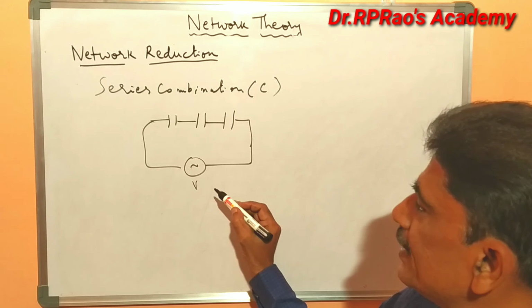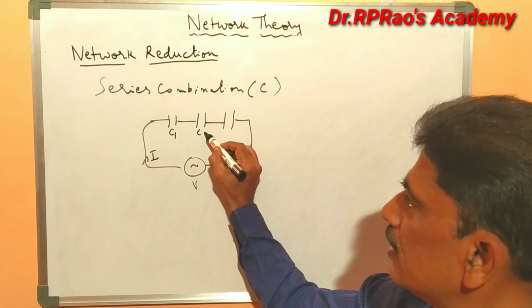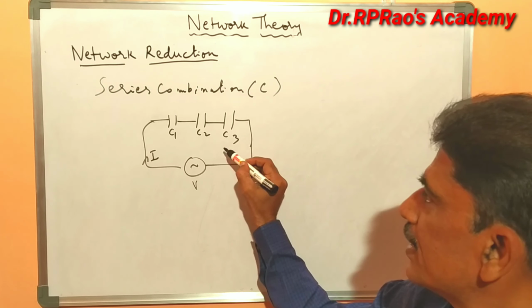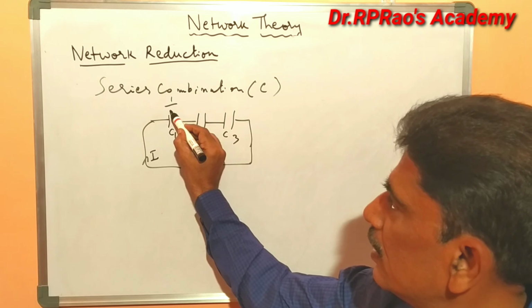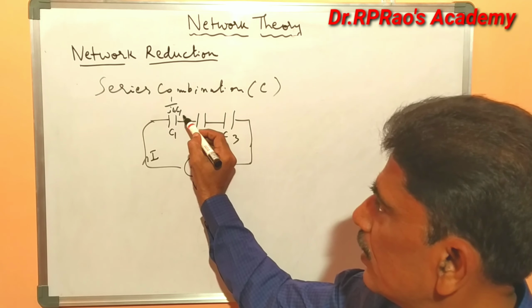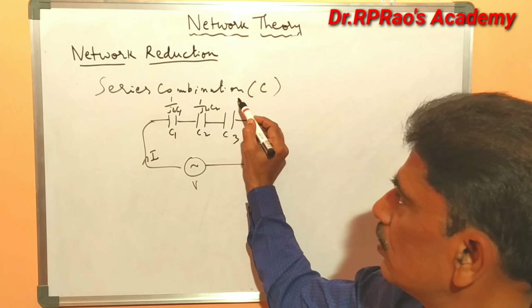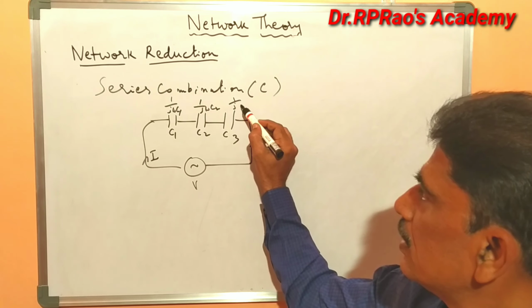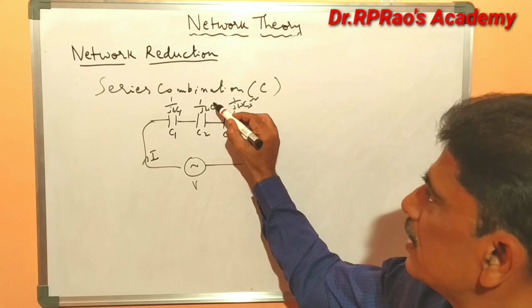V is the AC voltage source and I is the current. C1, C2 and C3 will be the capacitances. Their corresponding impedances will be 1 by j omega C1, 1 by j omega C2, 1 by j omega C3. These are the impedances measured in ohms.